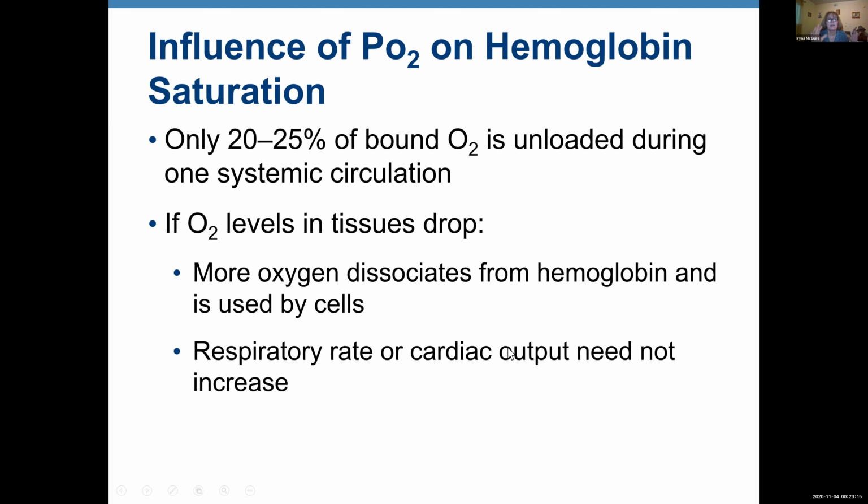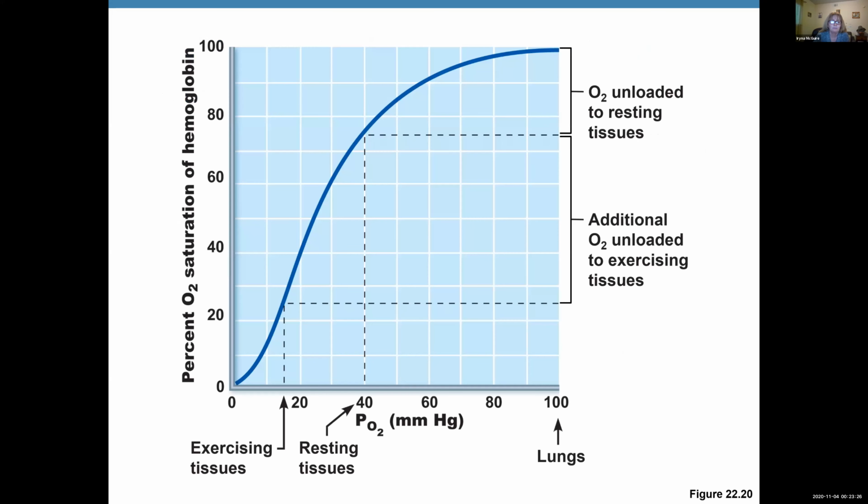So this gives you a huge amount of oxygen still available for tissue when it's in need of extra oxygen. This is your normal amount of oxygen that you unload in the resting tissue, and this is how much additional oxygen you can unload if you need to.